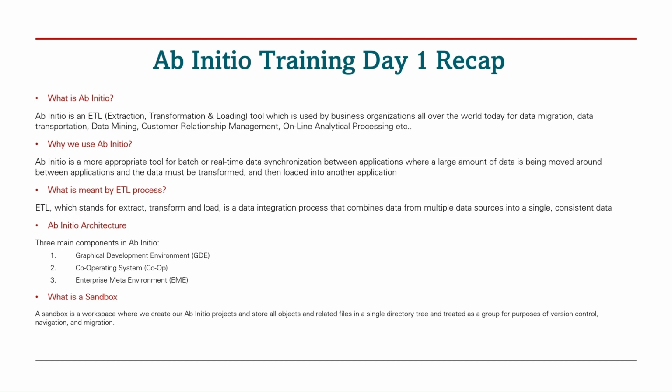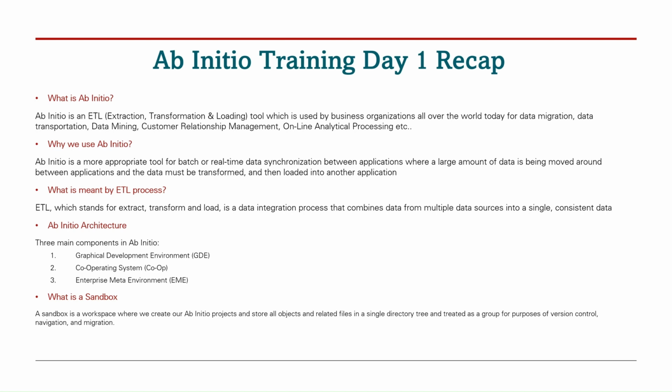As I already said, Ab Initio mainly contains 3 components which we interact with daily while working on Ab Initio. The first one is the graphical development environment, the second one is the cooperating system, and the third one is the enterprise metadata environment. The graphical development environment, also called the GDE, is a tool installed on our Windows machine where we develop all the Ab Initio graphs to build applications.